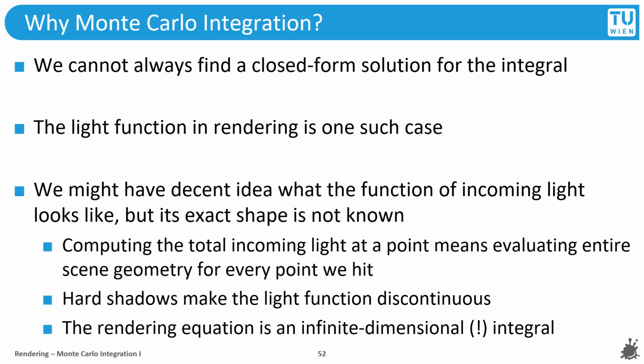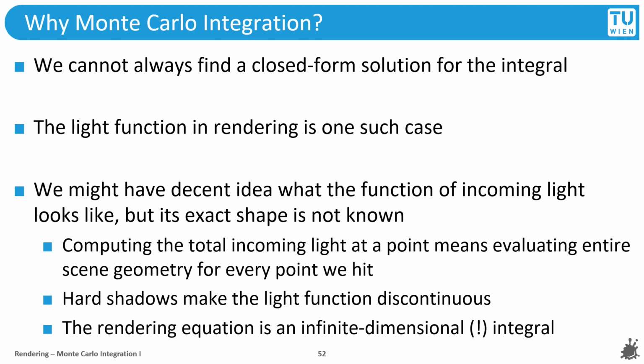Before we dive into this, let's just quickly clarify why we even have to consider Monte Carlo integration in the first place. In many situations, we cannot find a closed form solution for the integral of a function. Monte Carlo integration shines specifically in cases where we cannot compute the integral of a function analytically. So in the best case scenario, we might have a basic idea of what the function we are integrating looks like, but the exact shape is not known to us.